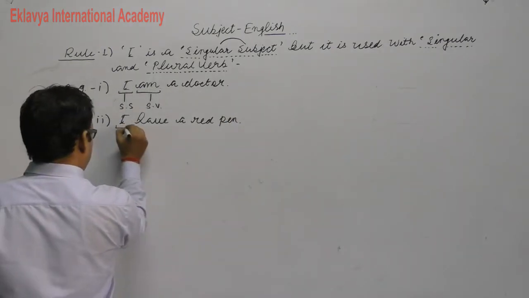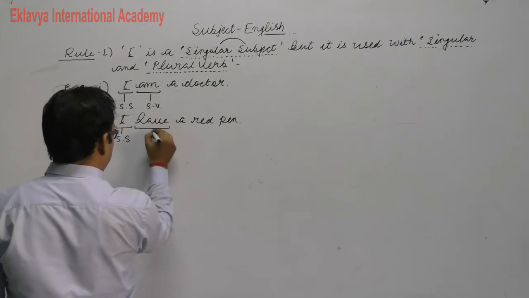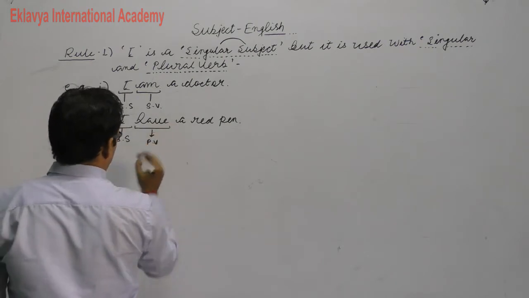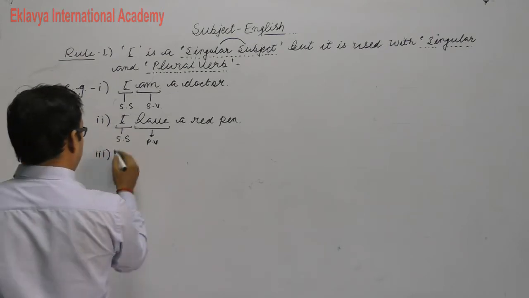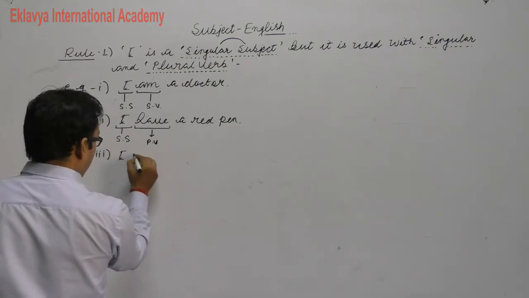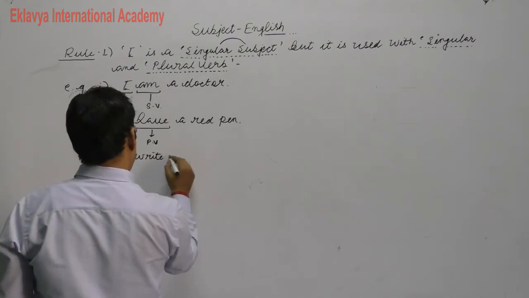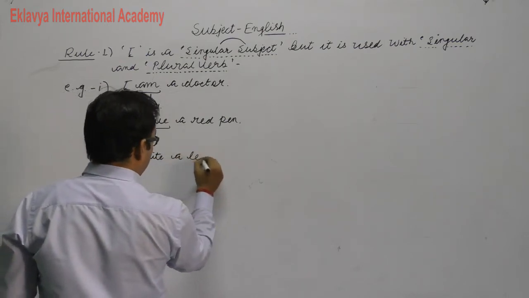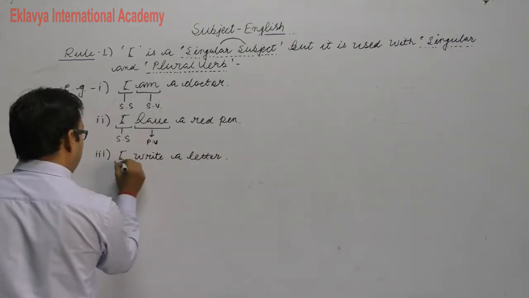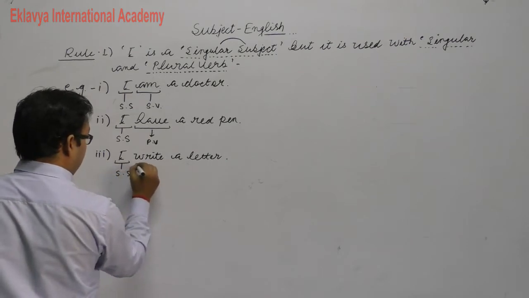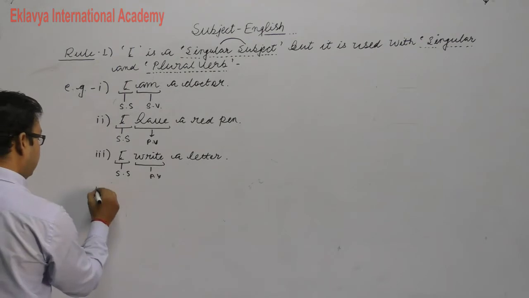Singular subject and plural verb. Example number third: I write a letter. We have a singular subject but a plural verb without s, es, and ies.